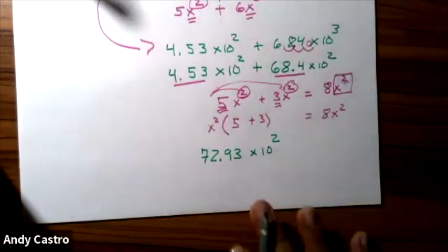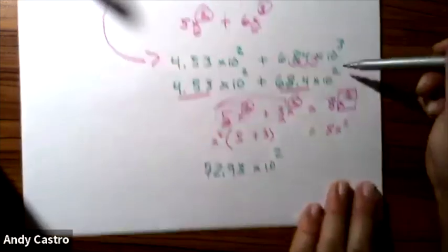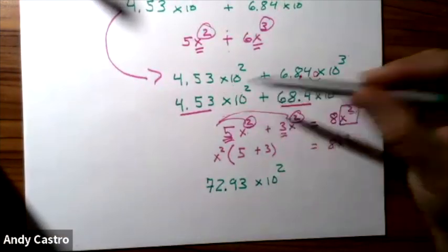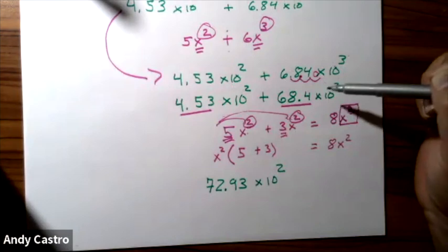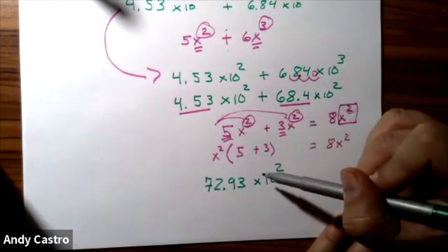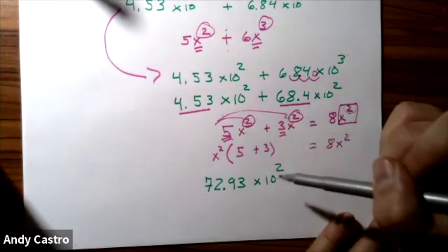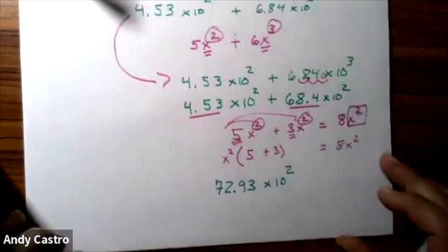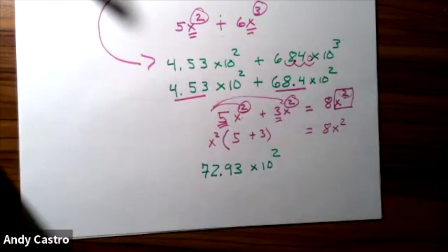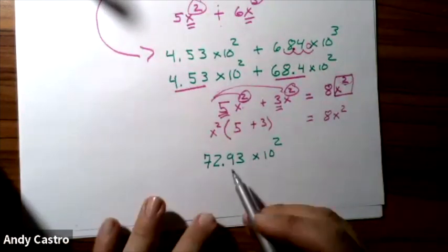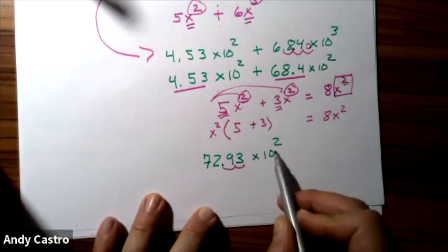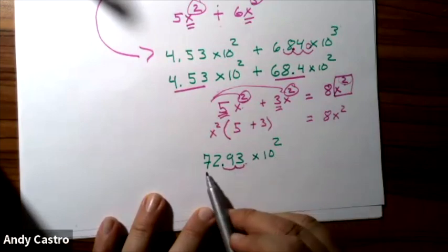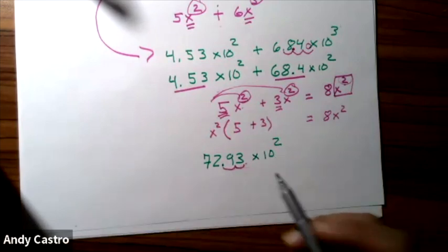Now, we will need to leave this, even though we converted this out of scientific notation in order to perform the operation. Here, for our final answer, we're going to need to convert this back into scientific notation. So if we look at this, we would move 2 to the right, so 7,293.